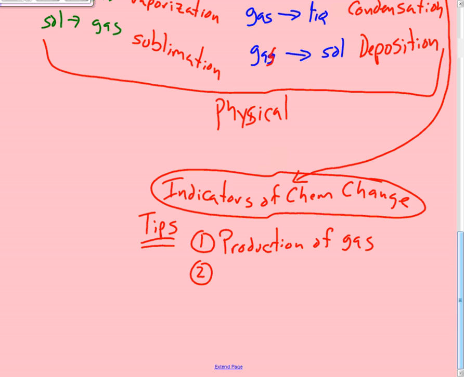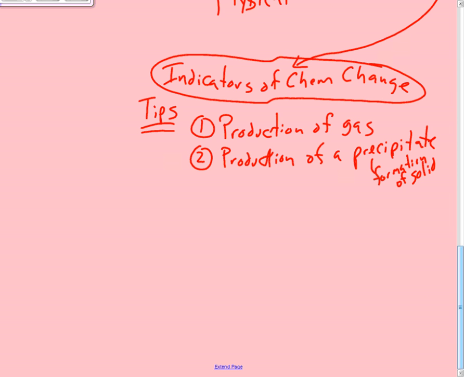Number 2, if you see a production of a precipitate. What is a precipitate? That means a solid forms. Okay, formation of a solid. Number 3, what's another indicator?